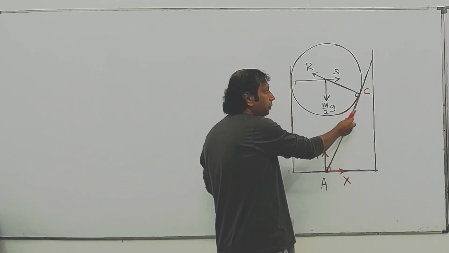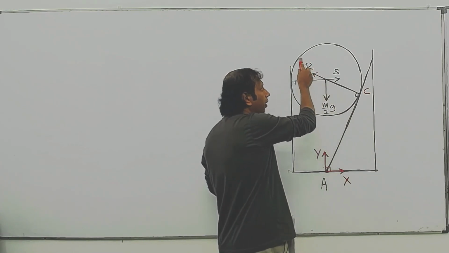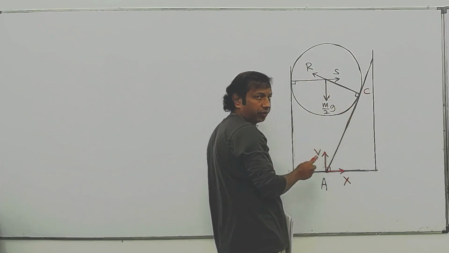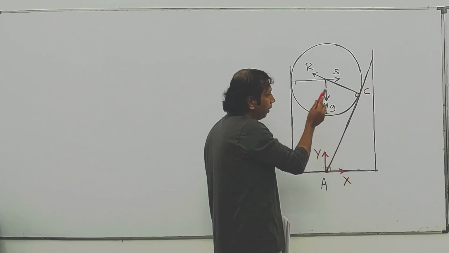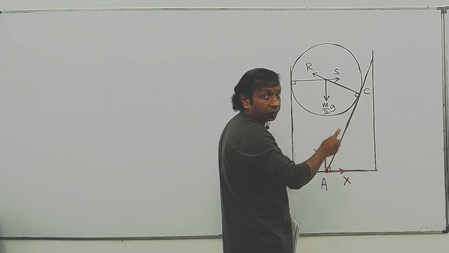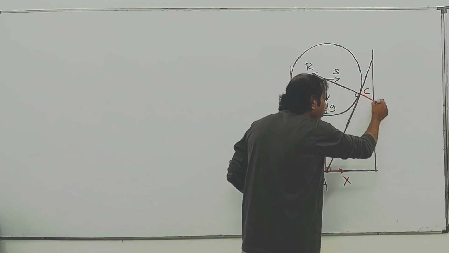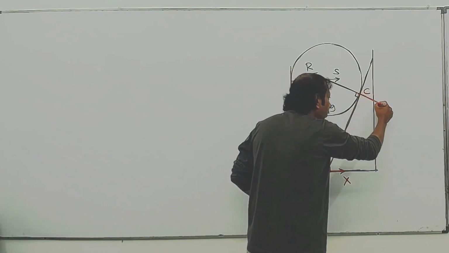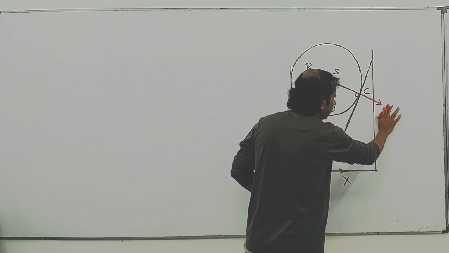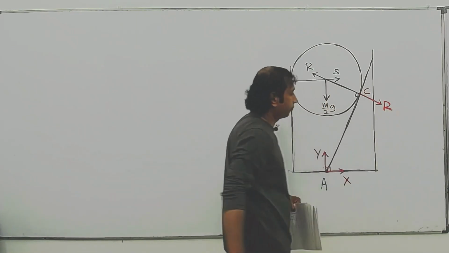This rod gives to the lamina this R. As a result of that, the lamina should give to the rod an opposite R here. This way. I mark that with red color. All the forces acting on the rod, I mark with red color like this. This way. Okay.